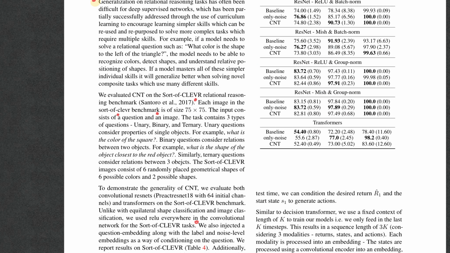The other task that they validated on is the Sort-of-CLEVR task, which has to do with relational reasoning. In this, each image is a 75 by 75 image, and you also have a question. This task has 3 types of questions: unary, binary, and ternary. For example, the unary questions have to do with a single object, such as what is the color of the square, and things like that.